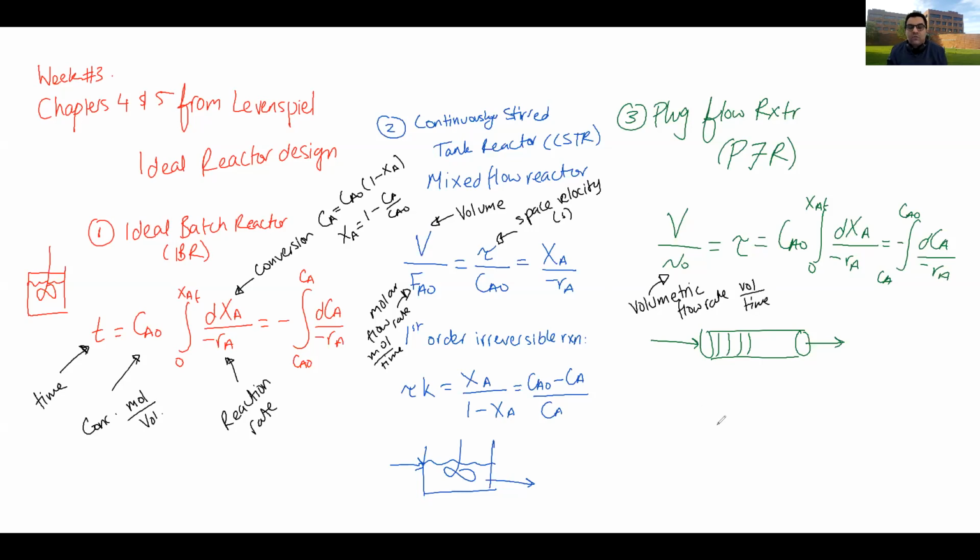And a few good conversions to remember besides, so we have these two equations. There are always good tools to have. It gives you some flexibility. Other useful equations are, tau is equal to V over volumetric flow rate. What else? Let's see.